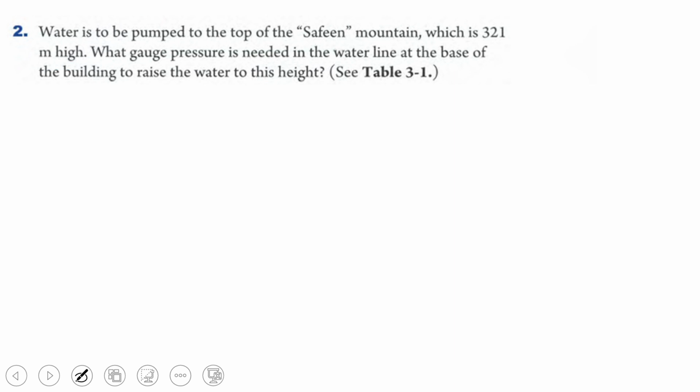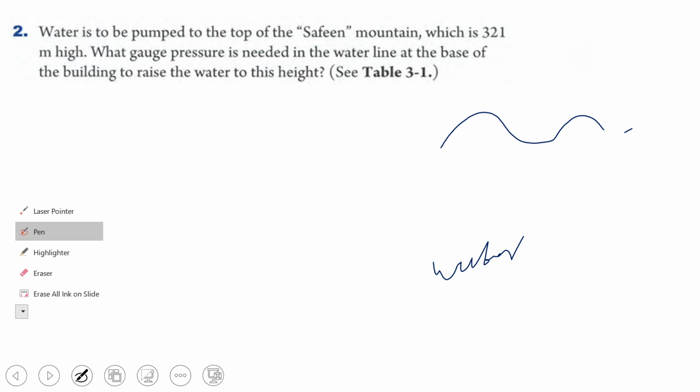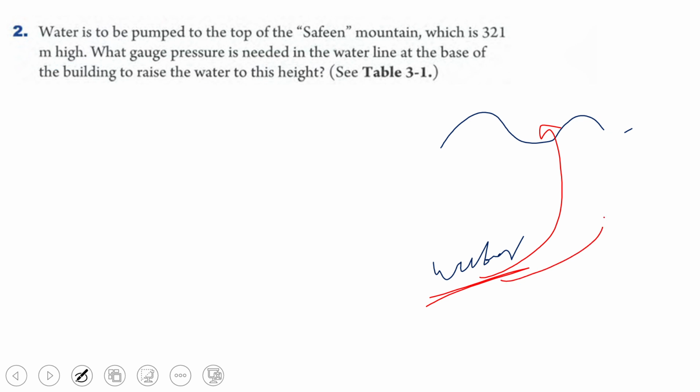Students, we have question 2. Sorry. Question 2. Water is to be pumped. Guys, we have Safi mountains. We have some water. We need to move this water to the top of the mountains by a device, to pump this water to the top of the mountains.